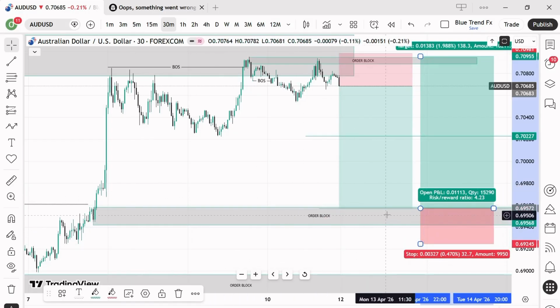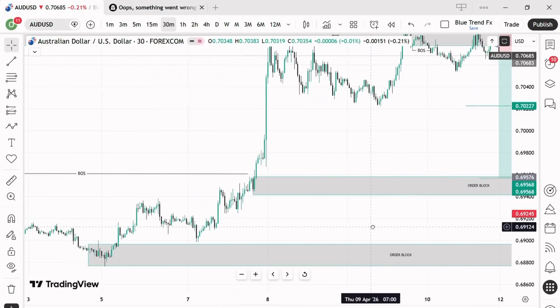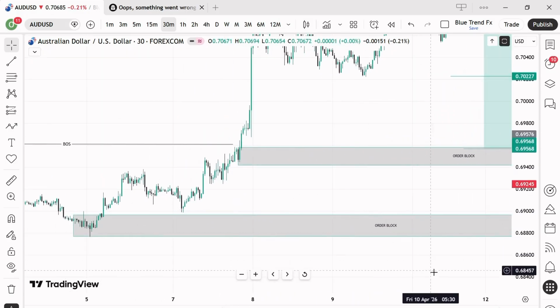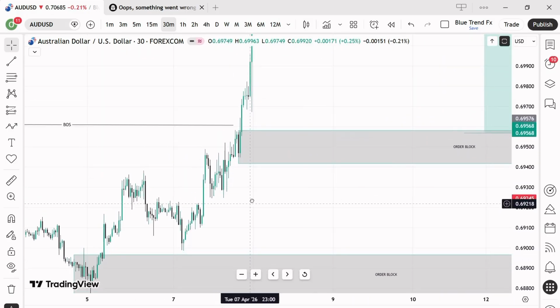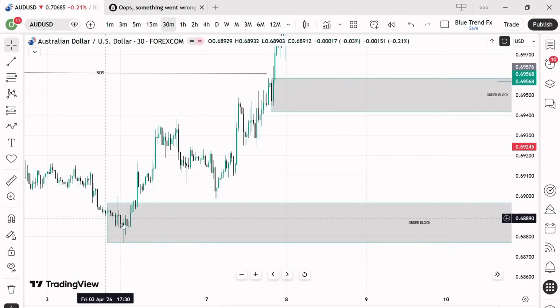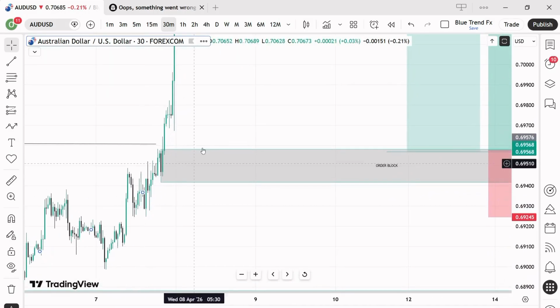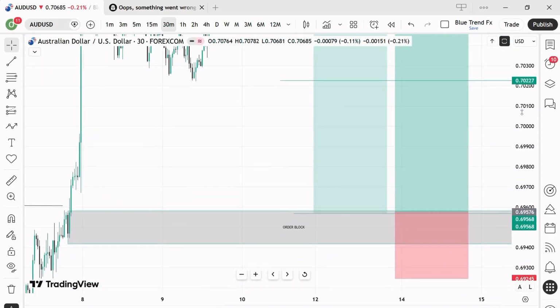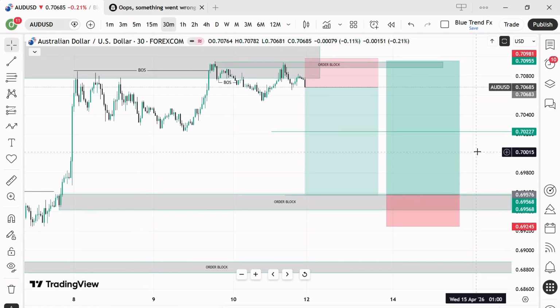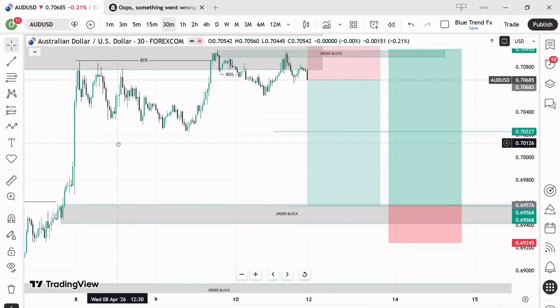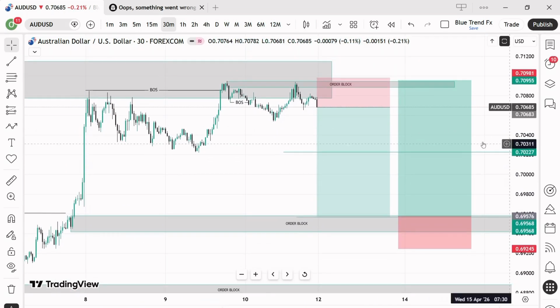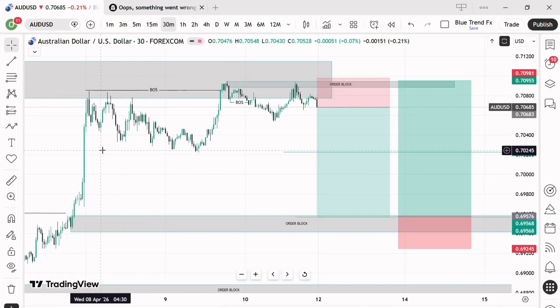And if this level fails, we understand that yes, the sellers are still much more in the market, and we'll wait for it at this level right here. But I want to believe this level is going to hold the market based on experience. However, we don't predict, we only react to the market.